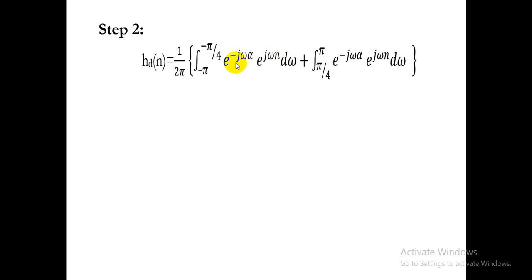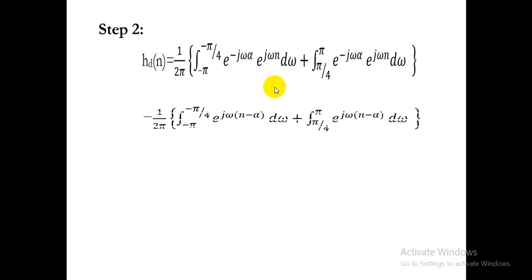You should understand this, right? So this is the left half, that is your negative axis, plus π/4 to π on your positive axis, e^(-jωα) e^(jωn) dω.